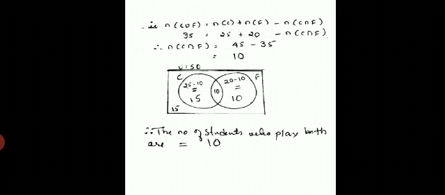Therefore, the number of students who play both the games is 10. To verify whether we have done it correctly or not, you just add 15, 10 and 10. That is equal to 35. 35 students are playing the games out of 50 and the remaining 15 students are not participating in any games.